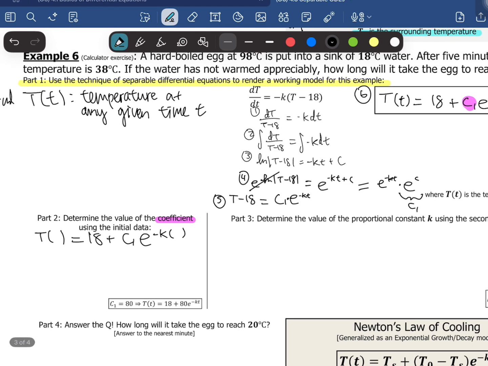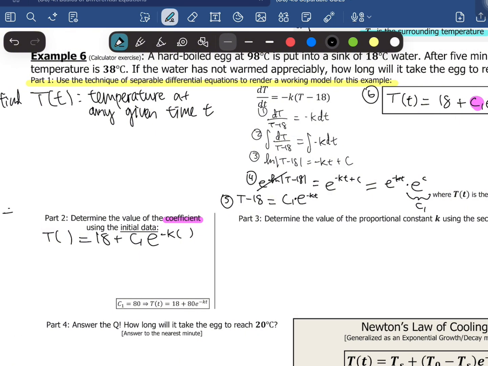Now it says using the initial data. So that means the initial time, lowercase t, should equal 0, right? So if t equals 0, 0 goes over here and 0 goes here.